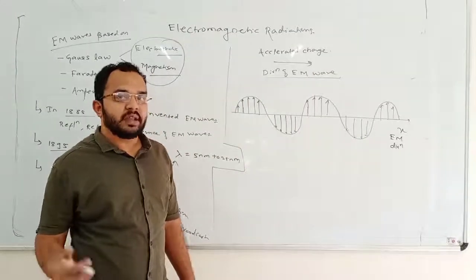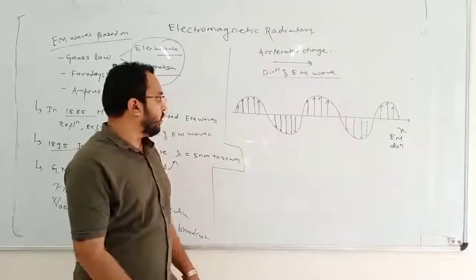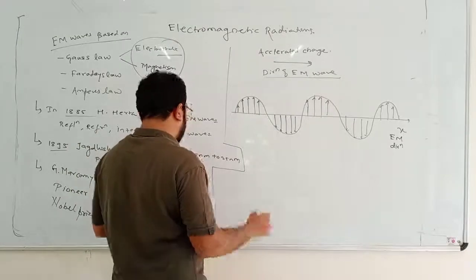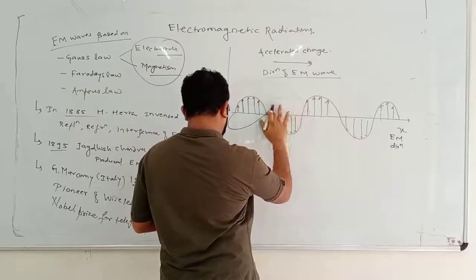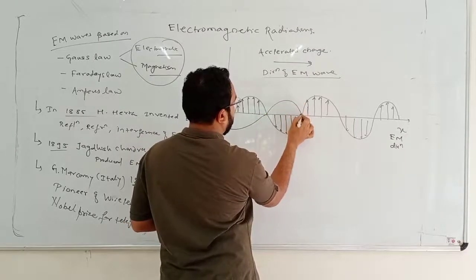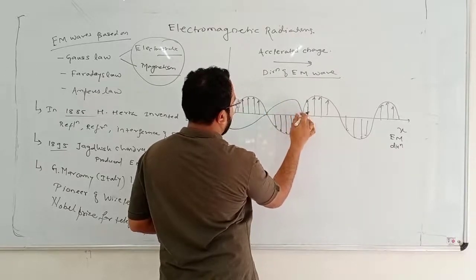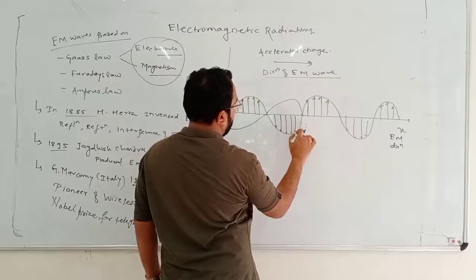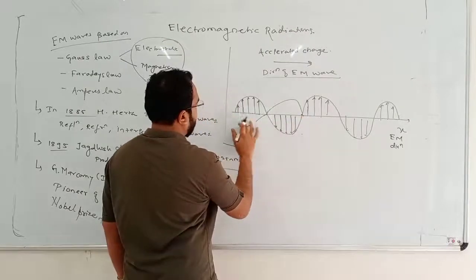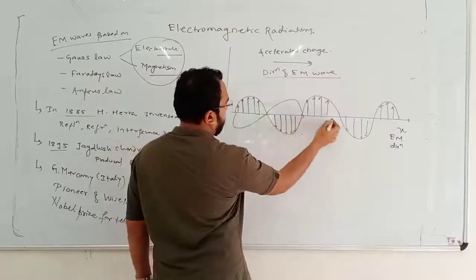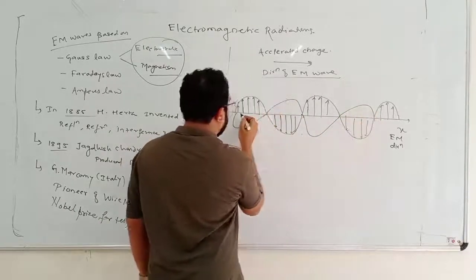Then z direction कोणती असणार? Left to right, bottom to top. Then z direction will be back to front. So back to front will be the z. This is in the horizontal plane.